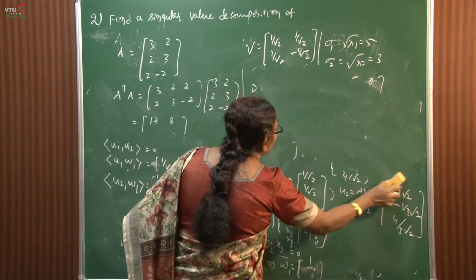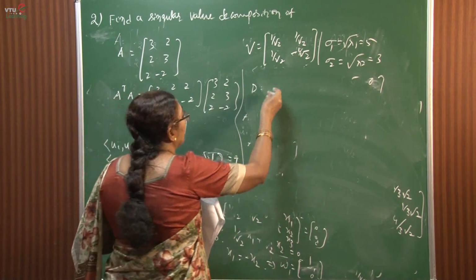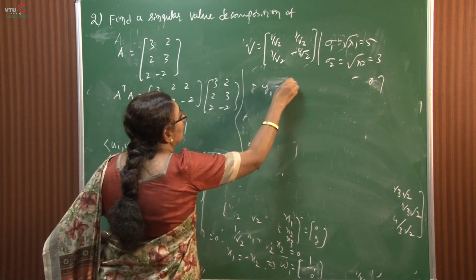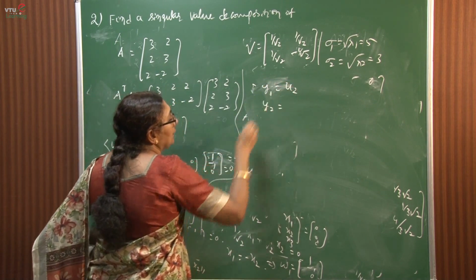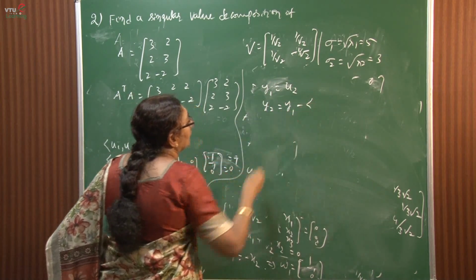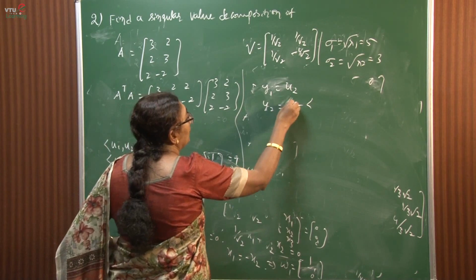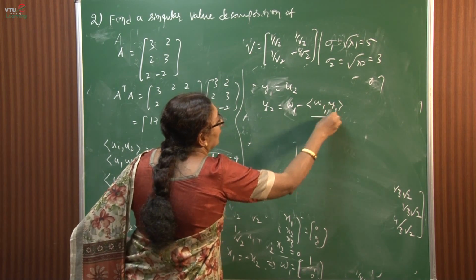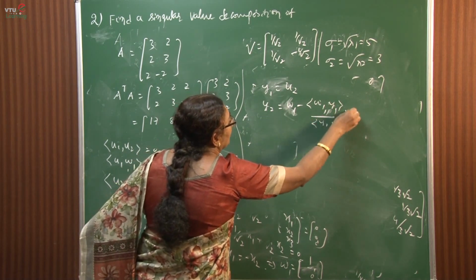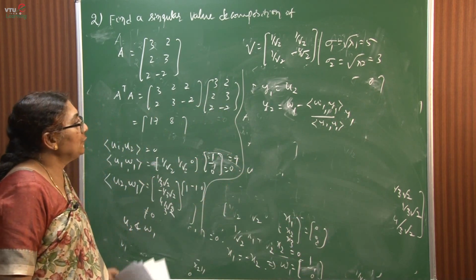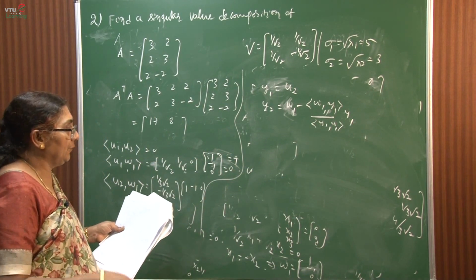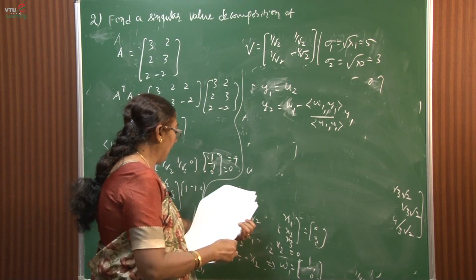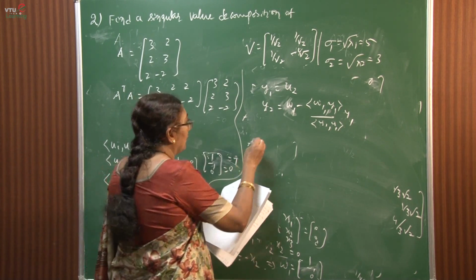Once you apply the Gram-Schmidt process, I am taking y1 as u2, and then y2 is w1 minus the inner product of w1 comma y1 divided by the inner product of y1 comma y1, into y1. Using this you find y2.